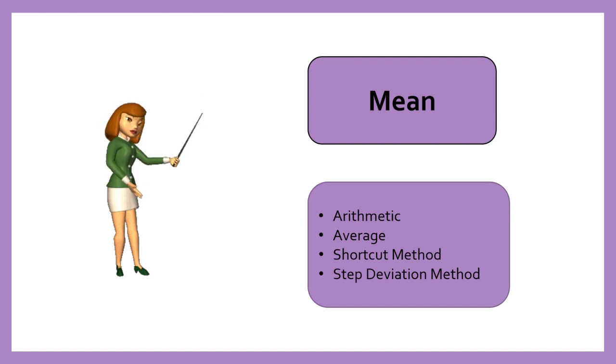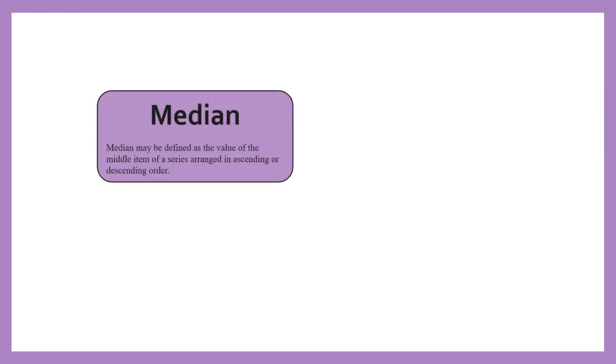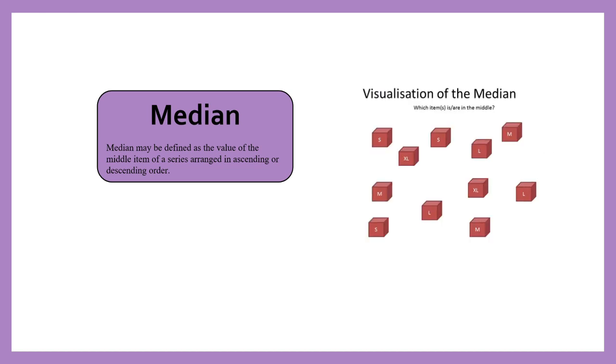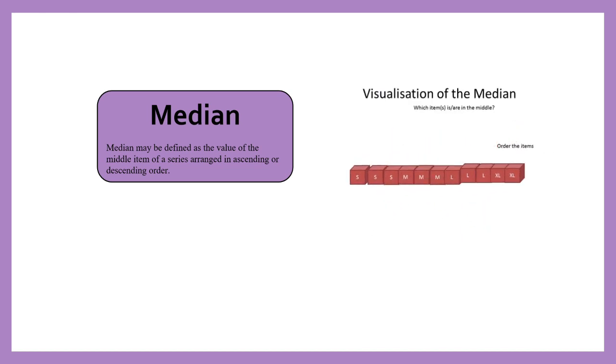Median. Median is an average of position or a positional average. This is so called because its value is determined with reference to its position in a series. Median may be defined as the value of the middle term of a series arranged in ascending or descending order.